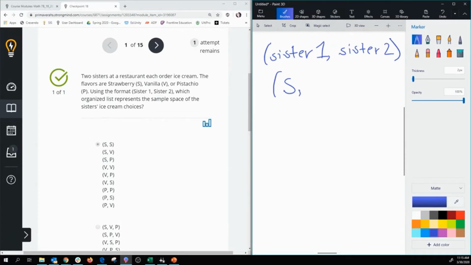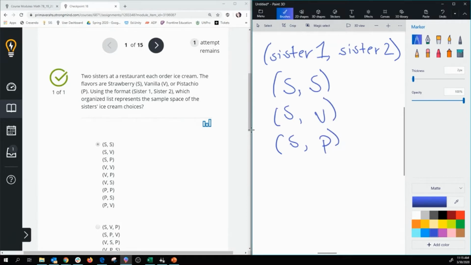Vanilla or pistachio. Could sister 2 also want strawberry? Yeah, right. The second sister could also get strawberry. So if sister 1's like, I only want strawberry, sister 2 could order strawberry, vanilla, or pistachio. Right, so those are 3 different options.